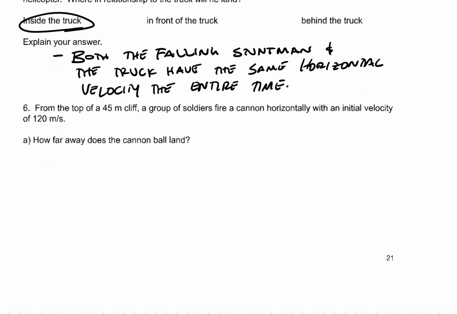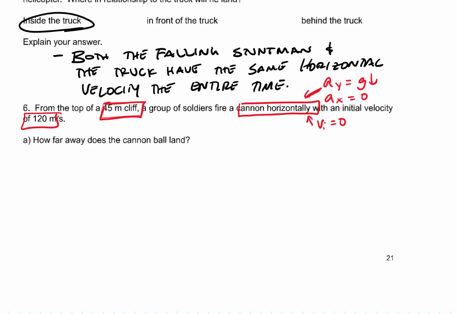Number 6, we're going to, from a 45-meter tall cliff, fire a cannon horizontally with an initial velocity of 120 meters per second. So if we're firing this thing horizontally, one of the things that we automatically know is that the acceleration in the y direction is g down, the acceleration in the x is 0, the initial velocity in the y is 0, and this initial velocity is in the x direction.